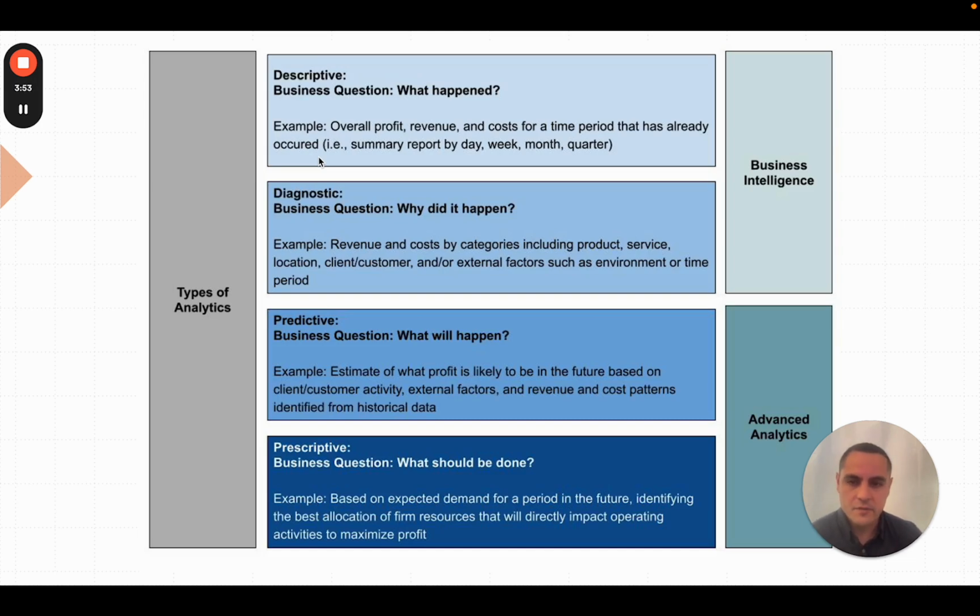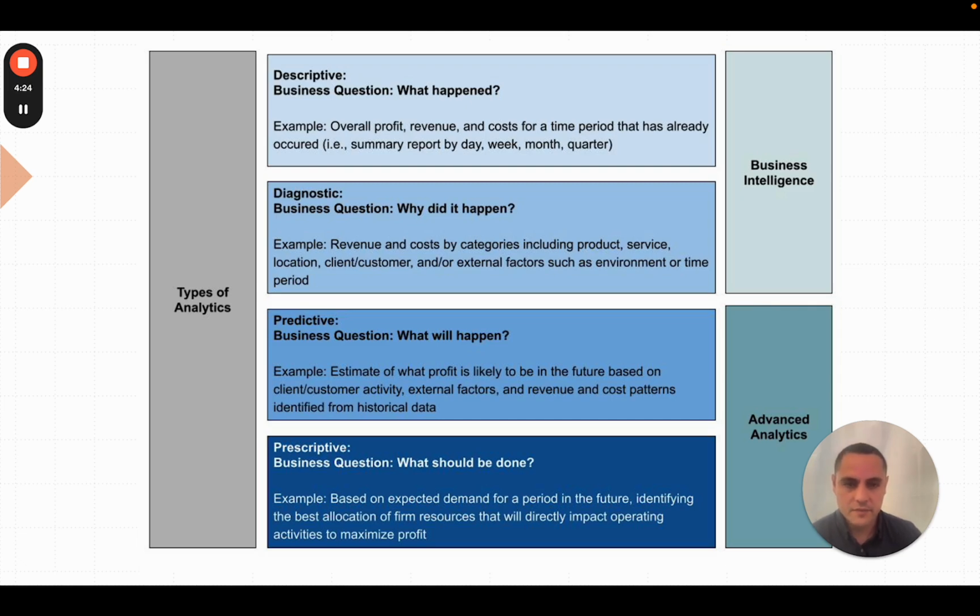So before we start empirically testing our hypotheses, we want to understand the different types of analytics that we can use. The first two, descriptive and diagnostic, largely fall under business intelligence. So you may use a BI tool or software to develop descriptives or employ some diagnostic analytics.